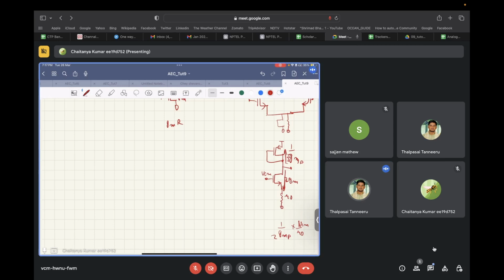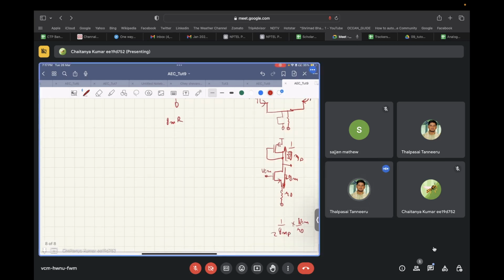You understand? Could you repeat again? Basically here, if this is VCM, what is this node, VS? VS is 2 GM R naught upon 1 plus 2 GM R naught, which is roughly equal to 1.